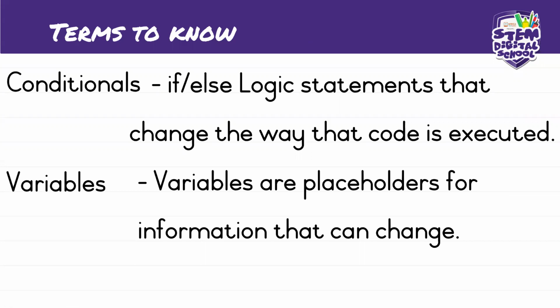Next one we have here is variables. So variables are the placeholders for information that can change. And what makes that awesome is you can write an entire program without knowing what the value for the variables will be, and you can still create the program and just add the variables in later.